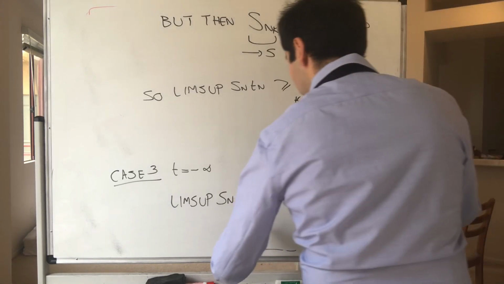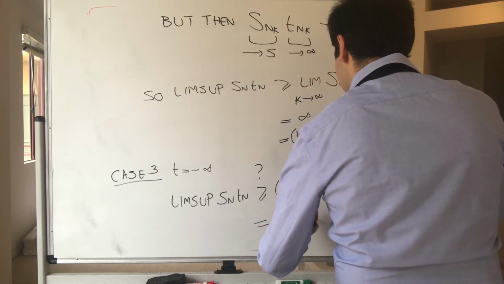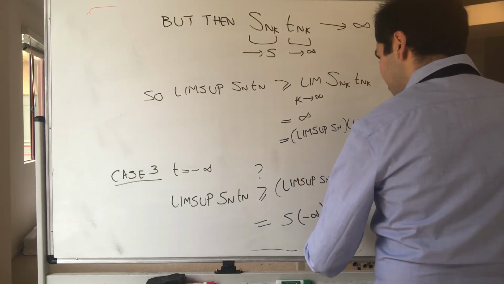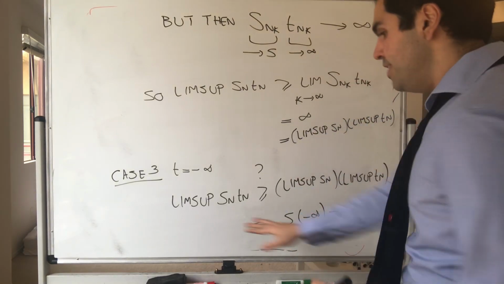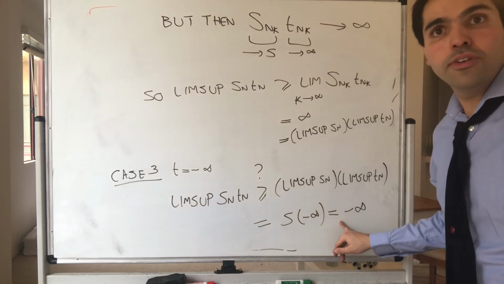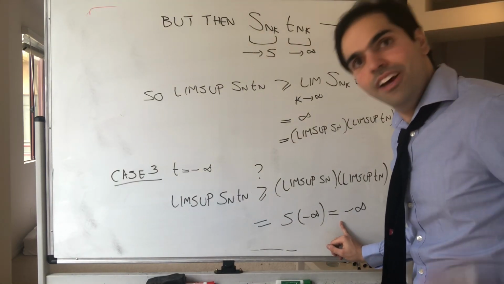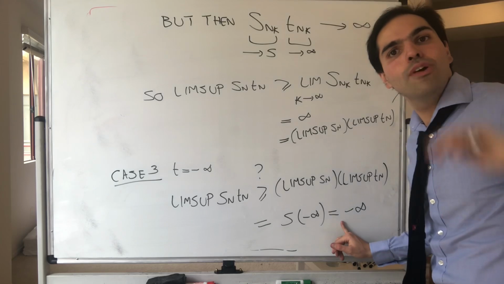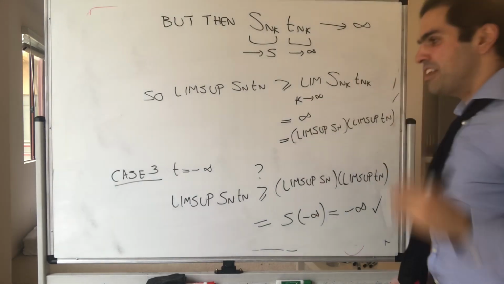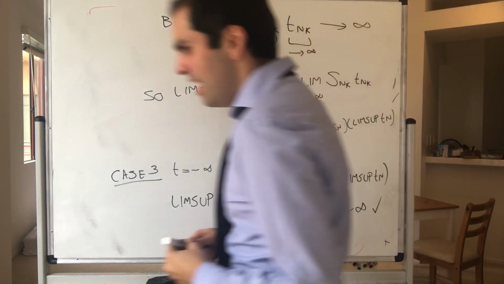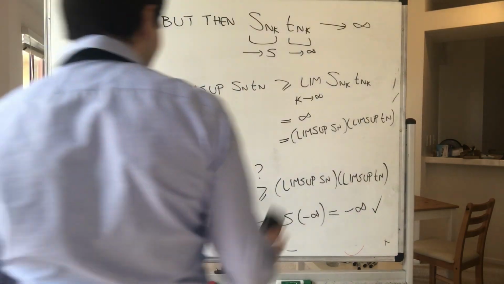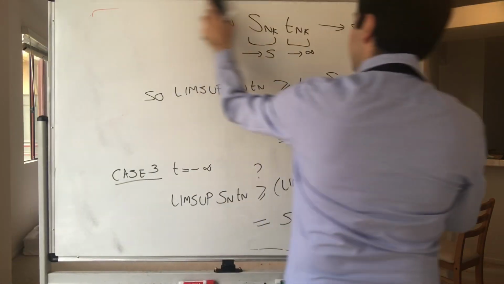But you see, Limsup of Sn is S, Limsup of Tn is minus infinity. So the question is this number always greater or equal to minus infinity? And yes, it is. Any number, even plus or minus infinity, is greater or equal to minus infinity. All right, and so at least for this case, we are done.